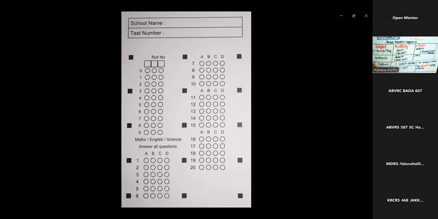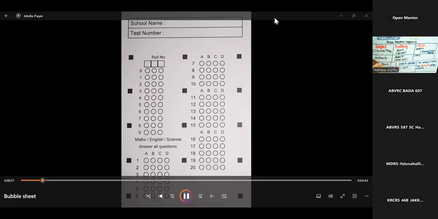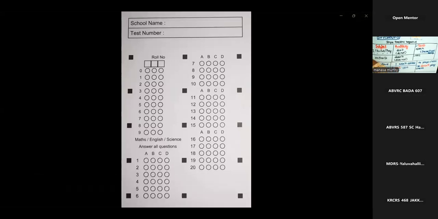Please check now. Welcome to Vidya Shakti MCQ answering system. If it is audible, please let me know in the chat box that it is audible. Your school would have been given a bubble sheet. This is called a bubble sheet. In this, first you have to write school name. Remember, you should write school name only in English in capital letters.